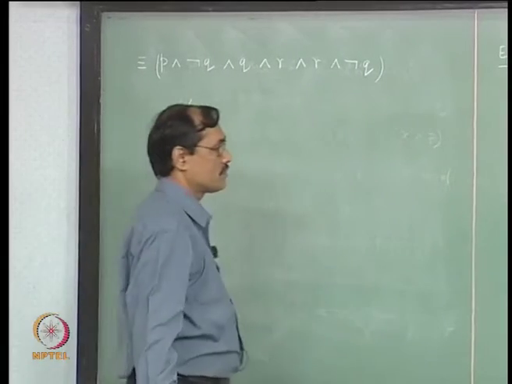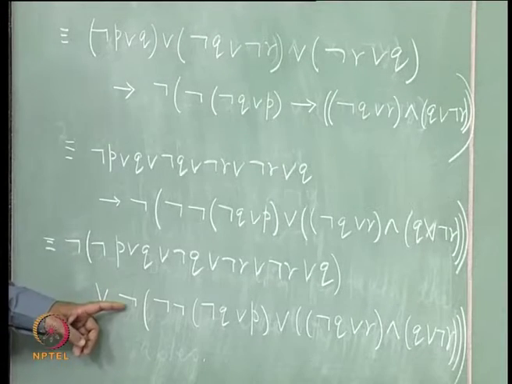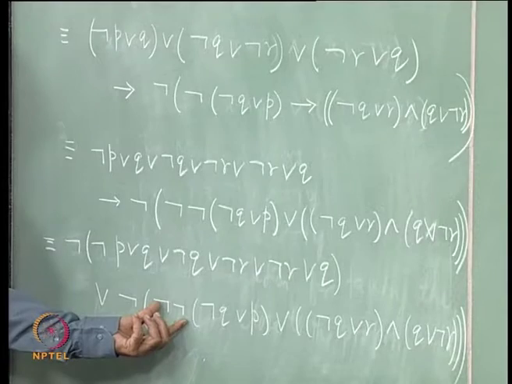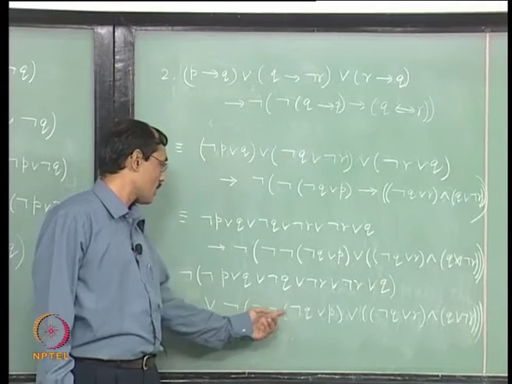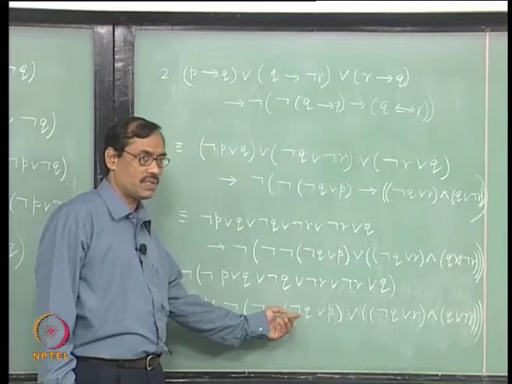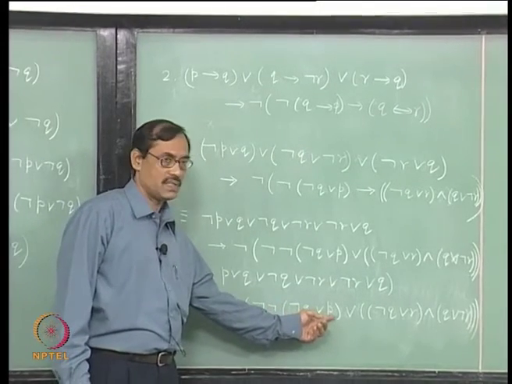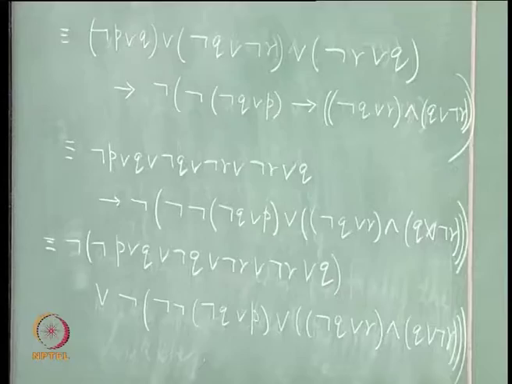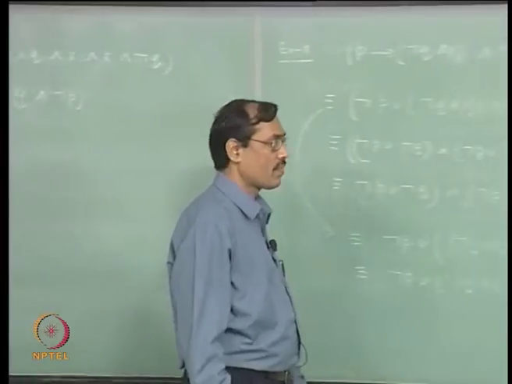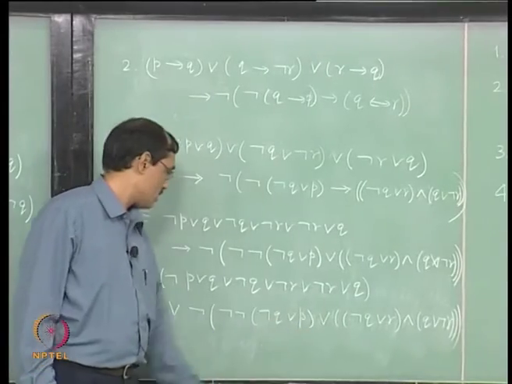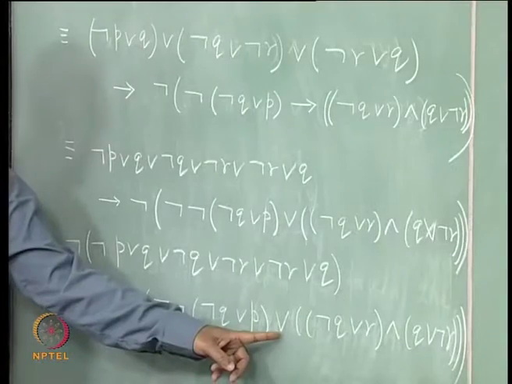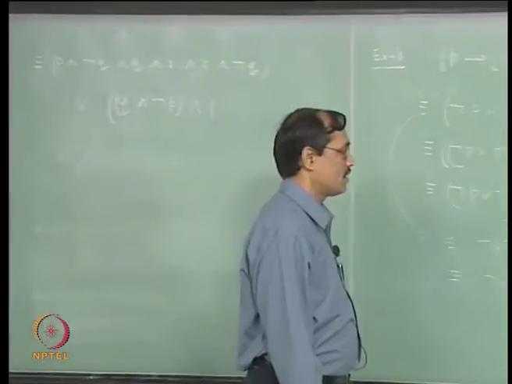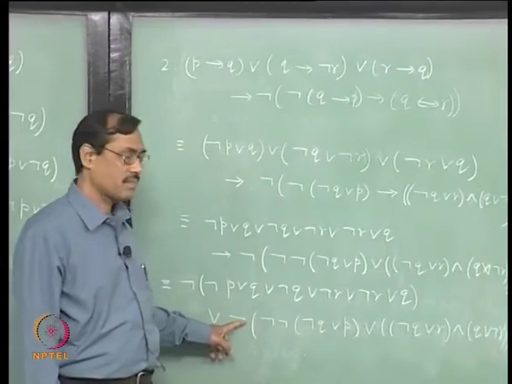So, OR, this not again goes inside. So when this not goes, this double negation is not there as if. So now what happens? Not Q becomes Q and not P. Okay. First term gives Q and not P. Then this OR becomes and. Next is this not is going.